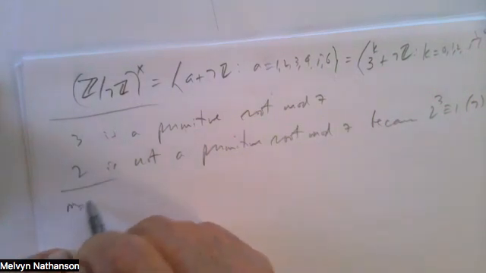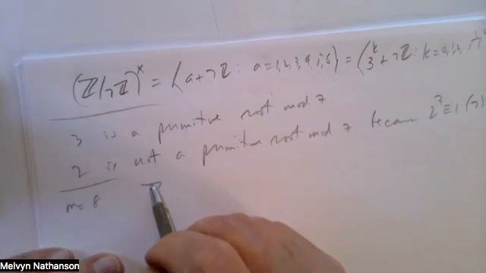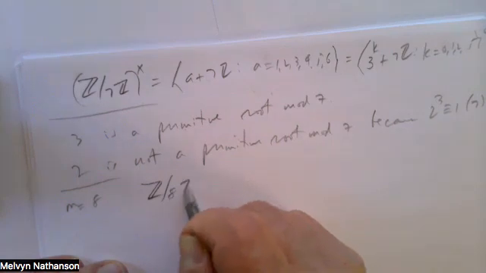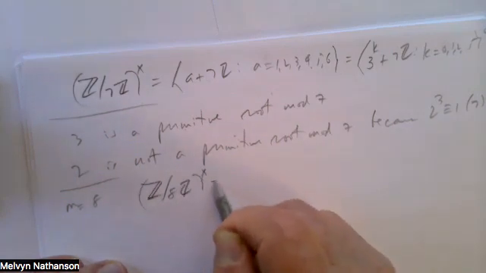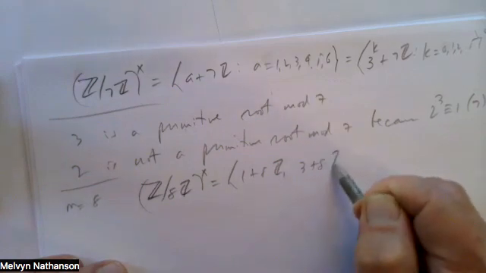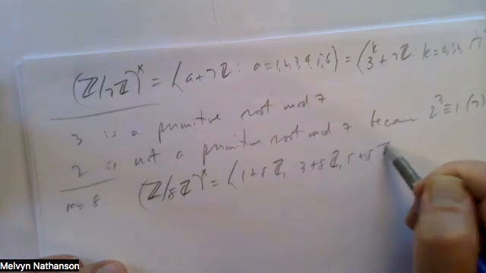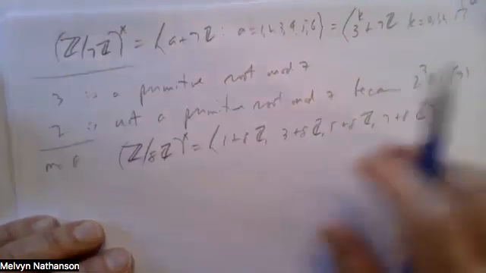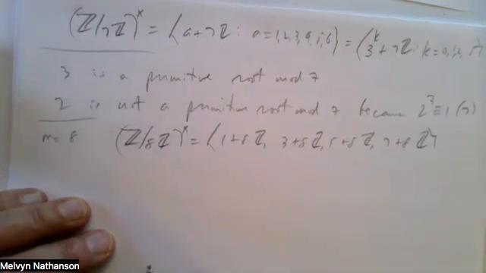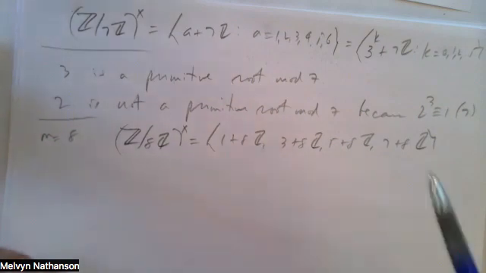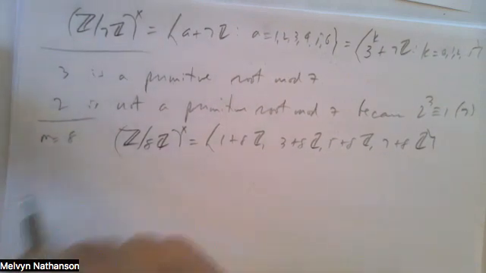Let's consider the case m equal 8. What are the integers relatively prime to 8? It's the odd numbers: 1, 3, 5, 7. What are the orders of these elements mod 8?